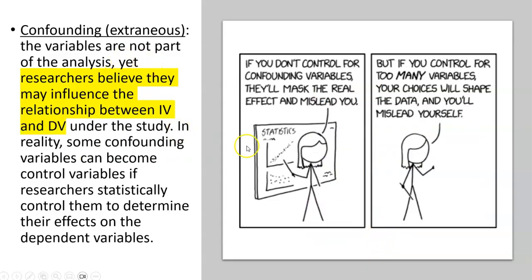A confounding variable, there's more explanation with this. Researchers believe it may influence the relationship between the independent variable and the dependent variable. But why does this come up? Because your study design is not very solid. If you know exactly what you want to find, and you have a lot of literature that supports the relationship between the independent variable and dependent variable, then your confounding variable will not affect the research so much.